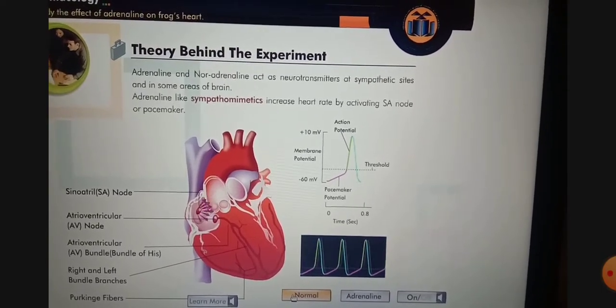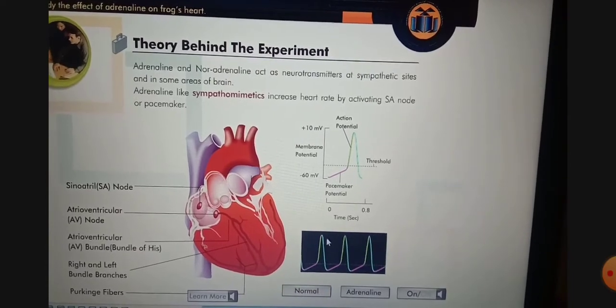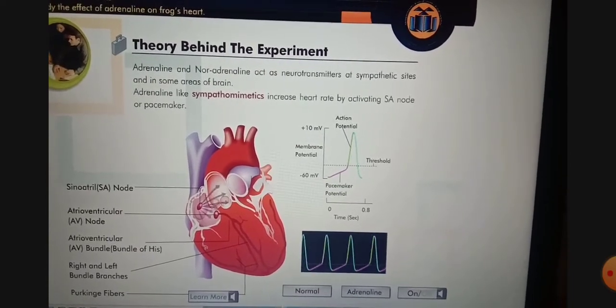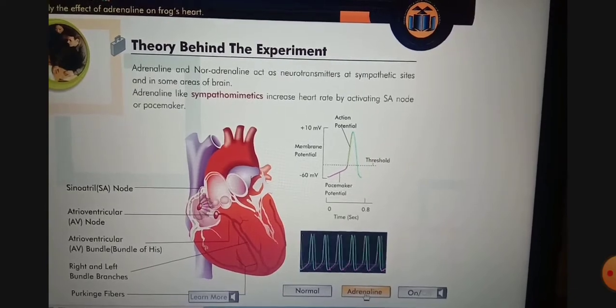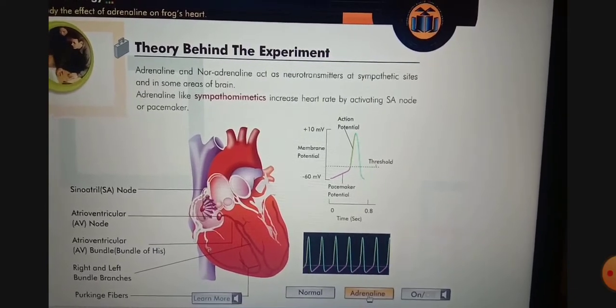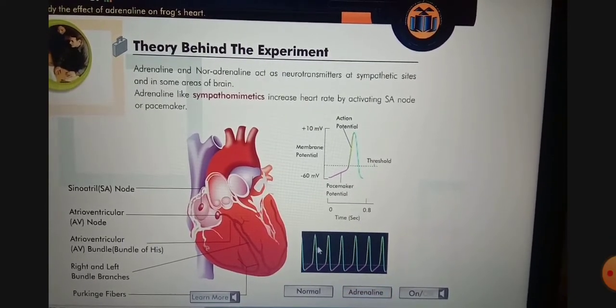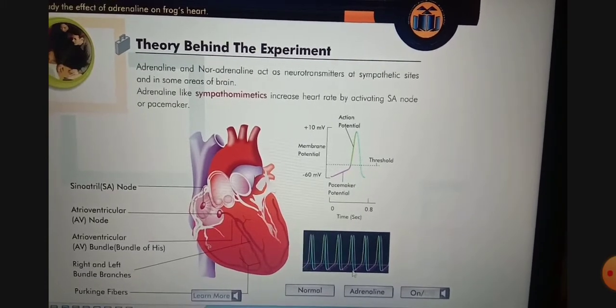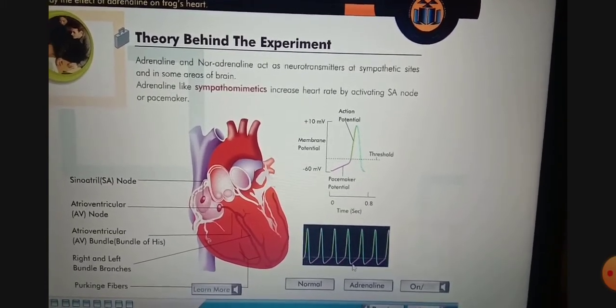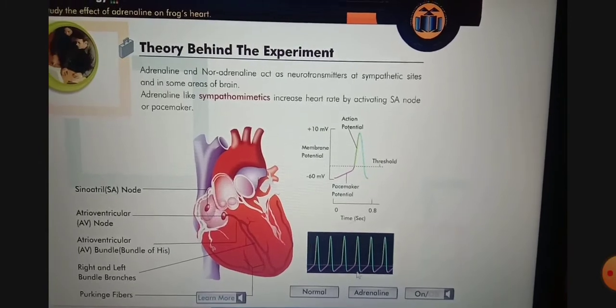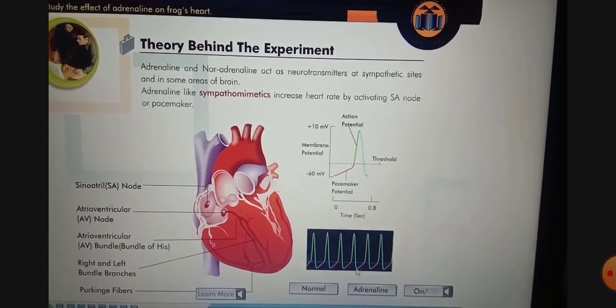So this is the normal heart activity and this is the graph for the action potential in case of normal heart. When we inject adrenaline, here is the graph of action potentials. So adrenaline increases the heart rate by activating the SA node or pacemaker.